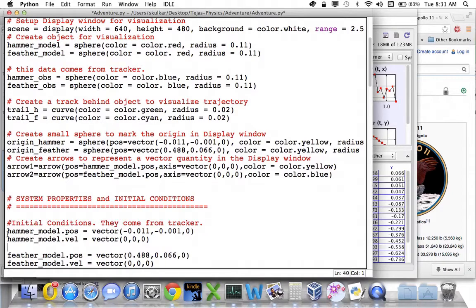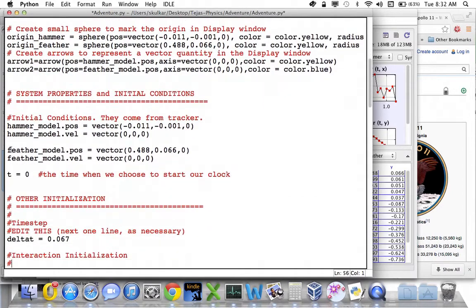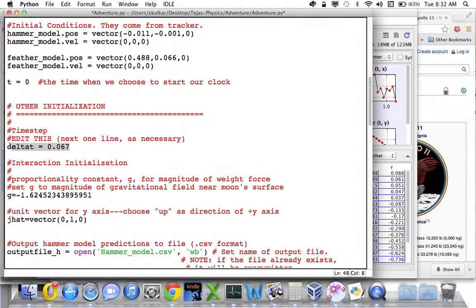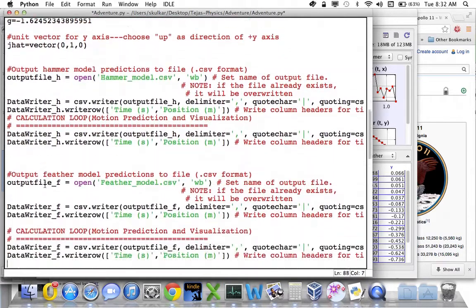This is the hammer's model position, and the hammer's velocity is 0. This is the feather's model position, and the feather's model velocity is also 0. We calculated delta t to be 0.067, the same one that we saw from the video.